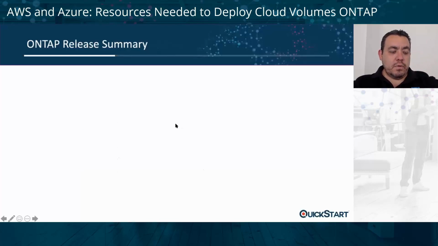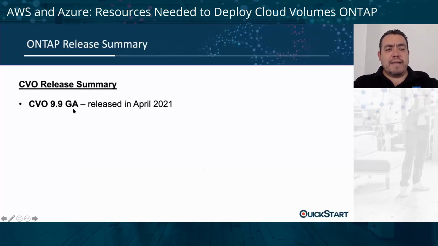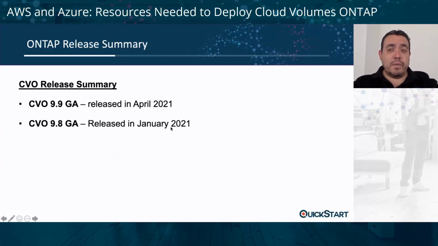And we're almost done, guys. The ONTAP release summary. CVO 9.9 GA came out again like 2-3 weeks ago. Now we have the GA. 9.8 GA came out in January 2021, so it was this year. CVO 9.7 P6 came out in August 2020.